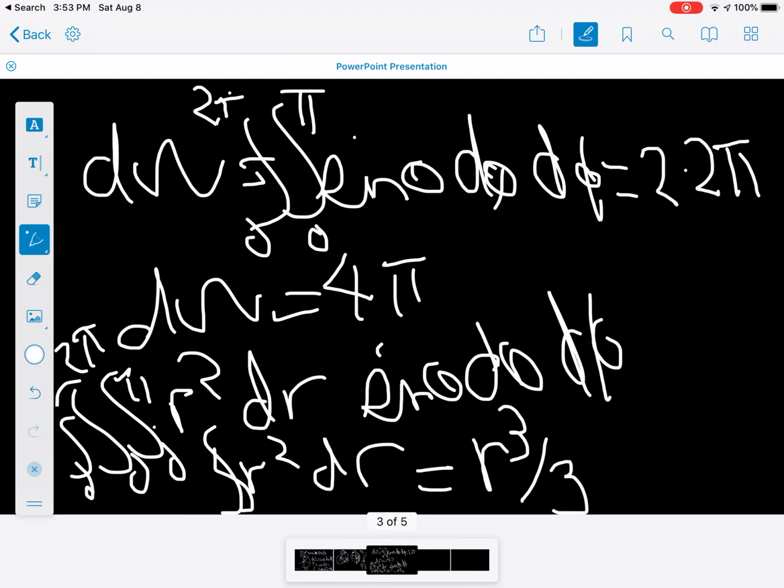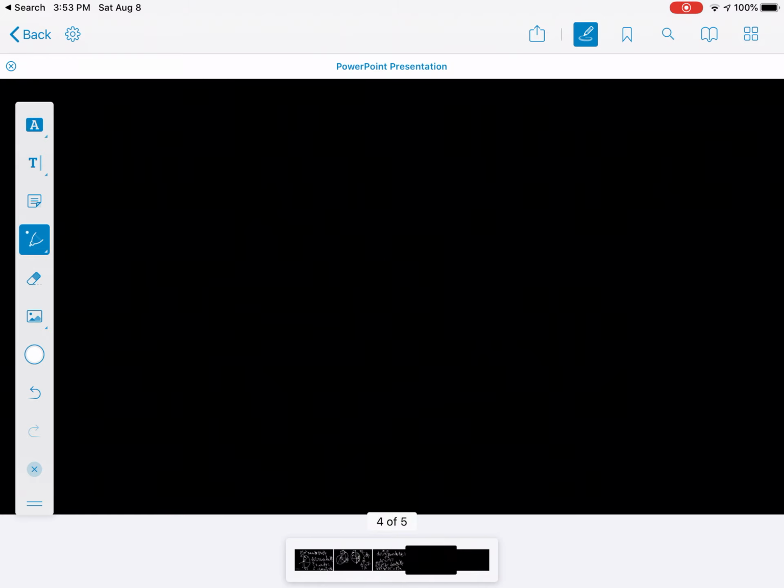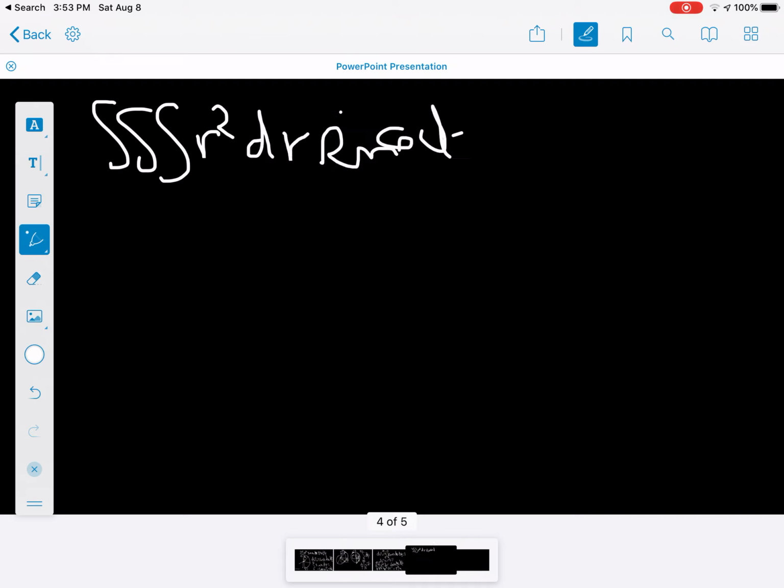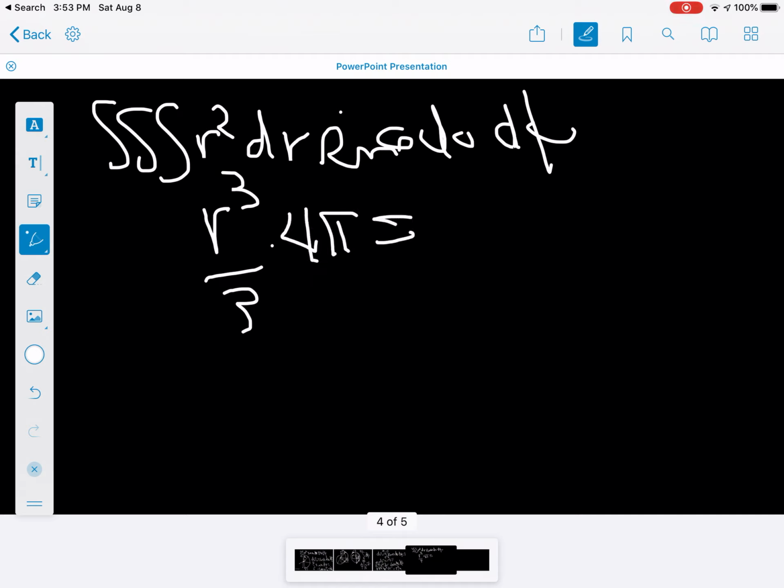Put this all together from the triple integral, you get r cubed over 3 times 4 pi, so you get 4/3 pi r cubed, which is the volume of a sphere. So that's basically it.